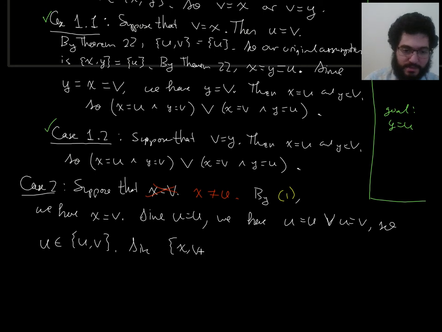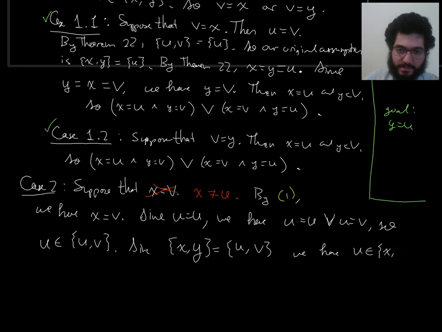Since it's been a while since we mentioned this equality, it may be good to remind the reader of it. Since these are equal, we have then that u is in there, just replacing this by something that's equal to it.